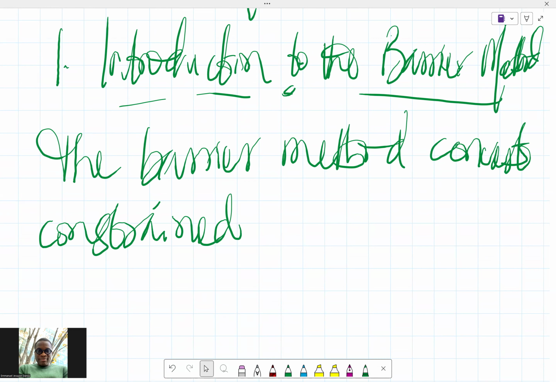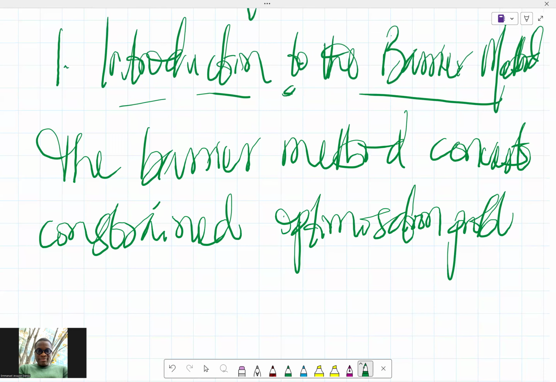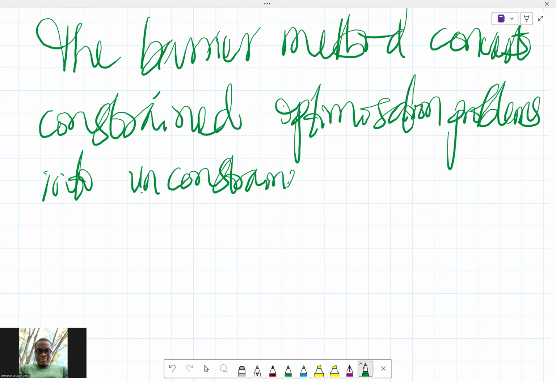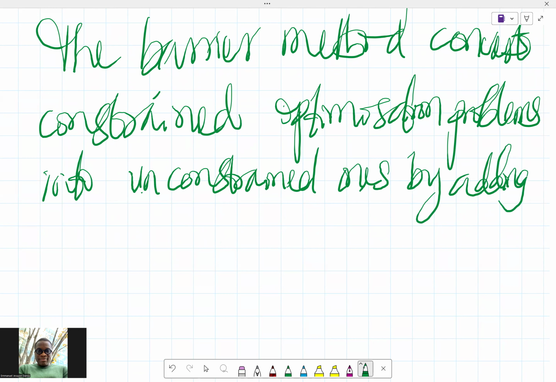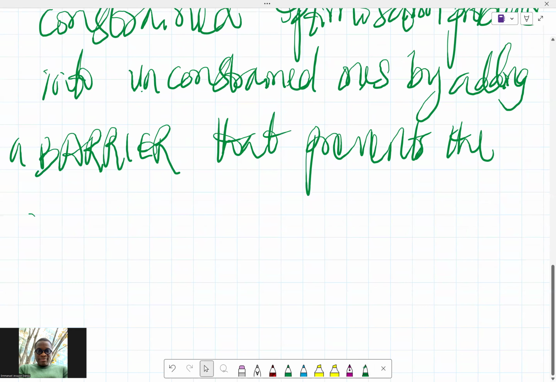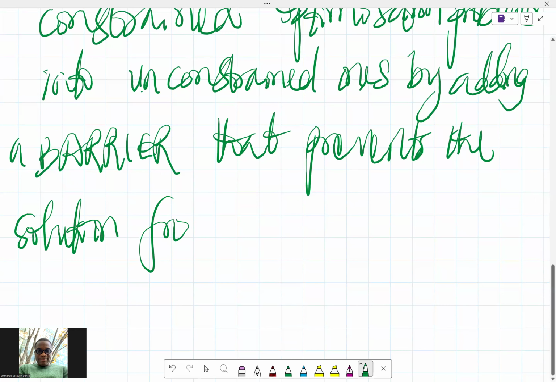So the barrier method converts constrained optimization problems into unconstrained ones by adding what you can call a barrier that prevents the solution from violating the constraints.